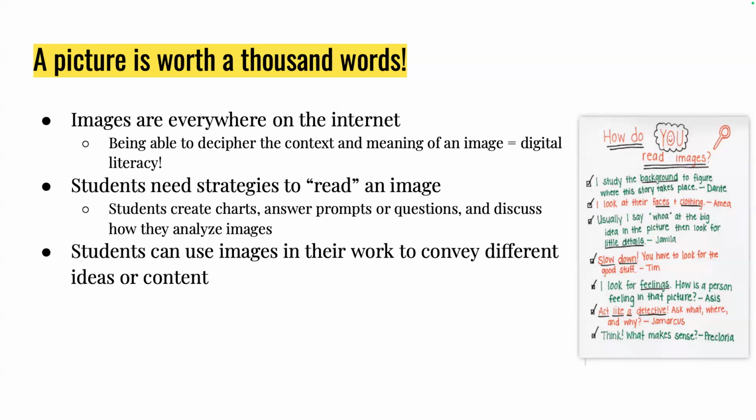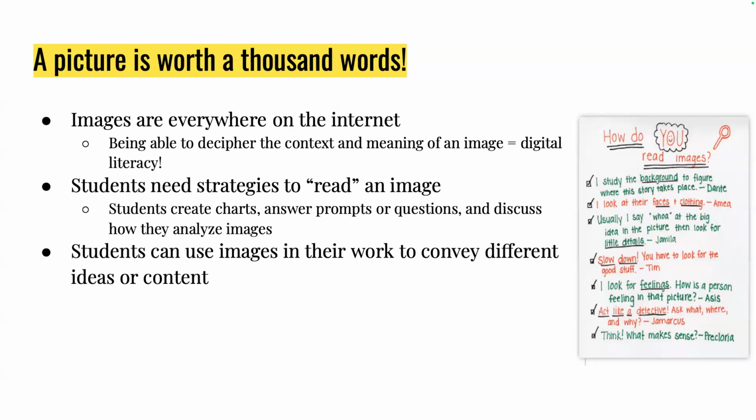Students can create charts. I pulled the chart from the textbook itself. I really like this. It's a very visual way of a student laying out how they read images, step by step, on what they look at. As you can see, they study the background to figure out where the story takes place. They look at faces and clothing, and this is different students listing different things they saw.